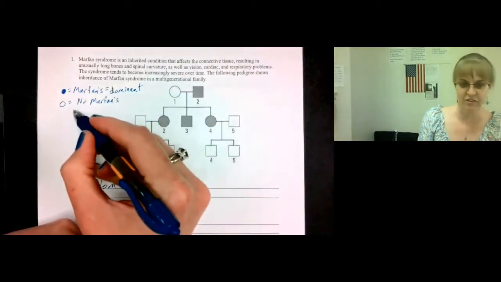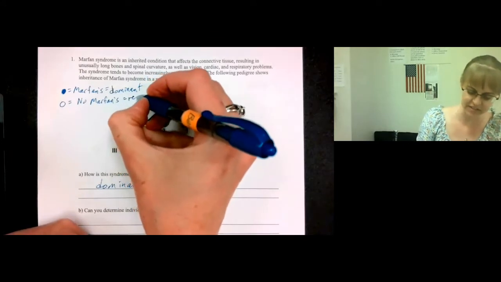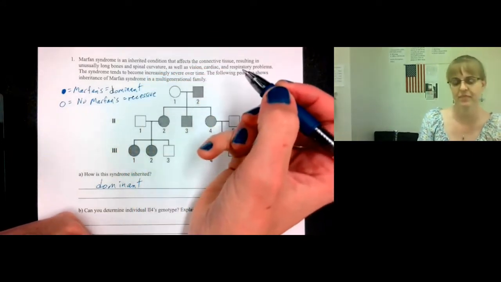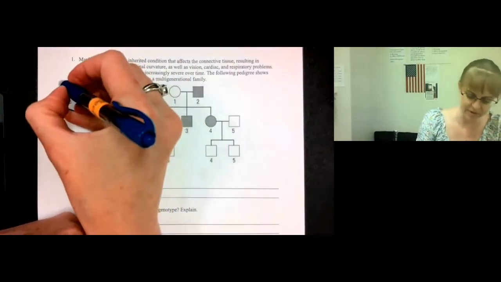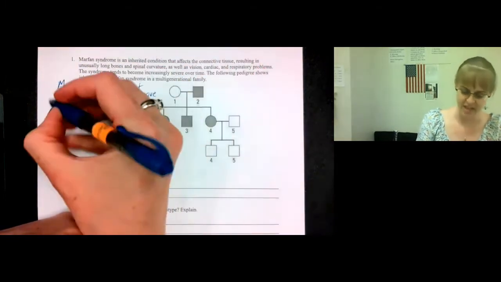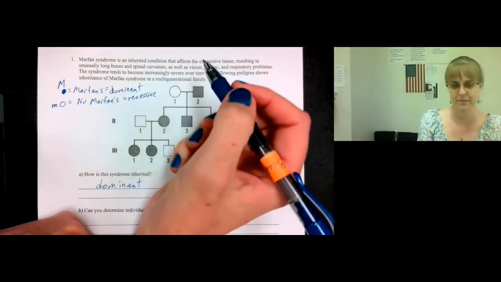If it's not colored in, the person does not have Marfans, and that is recessive. Since Marfans is dominant, we're going to use a capital M to represent the dominant trait and a lowercase m to represent the recessive trait.